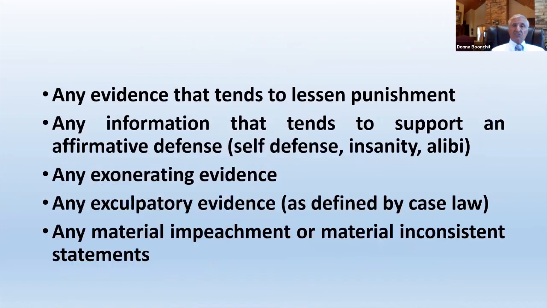Any evidence that tends to lessen punishment, we just talked about that. Any information that tends to support an affirmative defense. If they have information that supports self-defense when they know it is a self-defense case, even if they don't know if it's a self-defense case, but they have someone that saw it that way, they have to do it. Same with insanity or alibi. Any exonerating evidence has to be turned over.